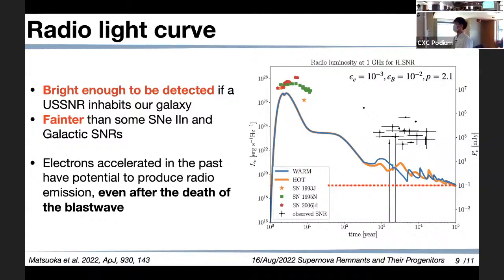Therefore, even after the death of the blast wave, the electrons can be energetic, and the radio luminosity can be bright, decaying with adiabatic cooling.